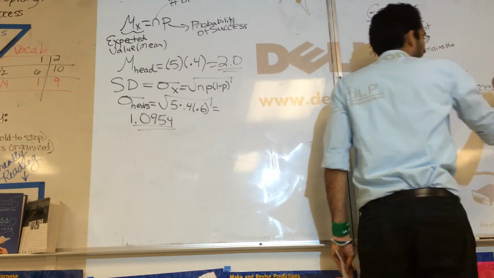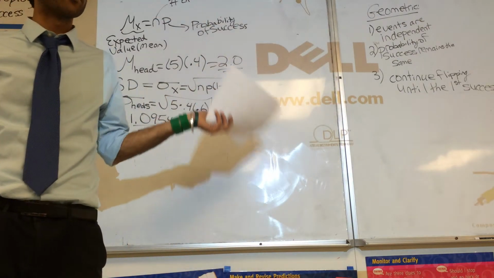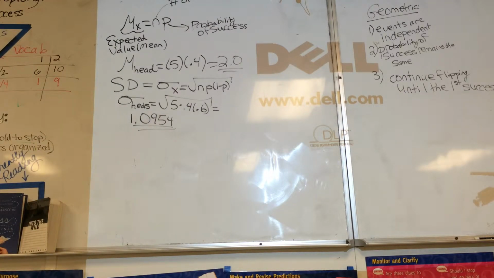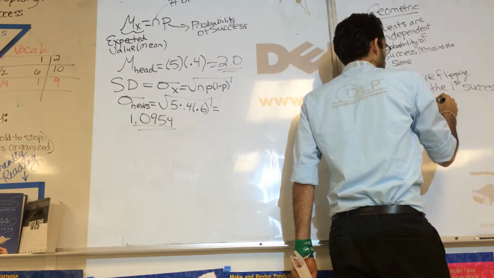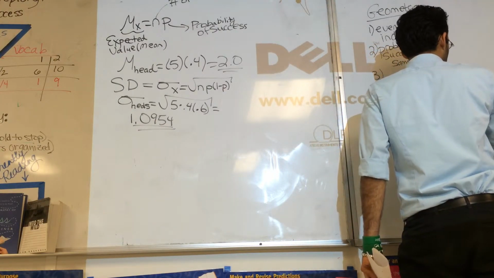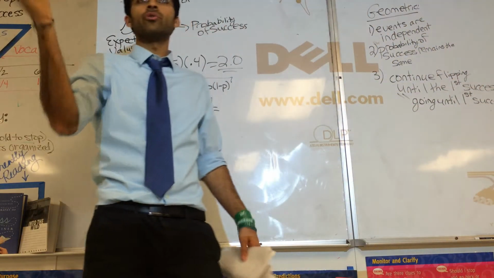In other words, I keep flipping the coin until I get a heads. I don't know how many times I'm going to flip it. All I know is I'm going to keep flipping until I get a heads. More generally, you keep going until the first success.